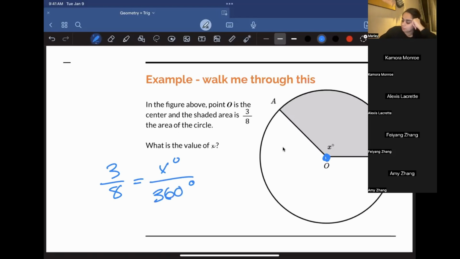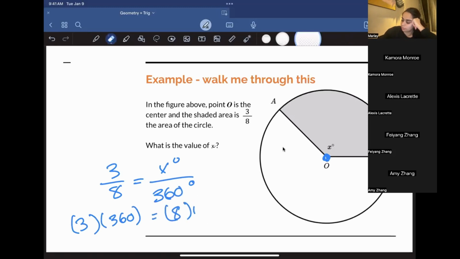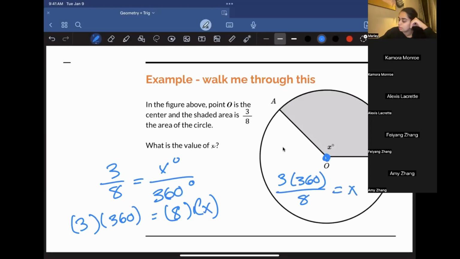When we cross multiply to solve for X, we get 3 times 360 equals 8 times X. We can just drop the degrees, it's not important. So 3 times 360 divided by 8 equals X. If you solve that out, pretty sure it's 135.